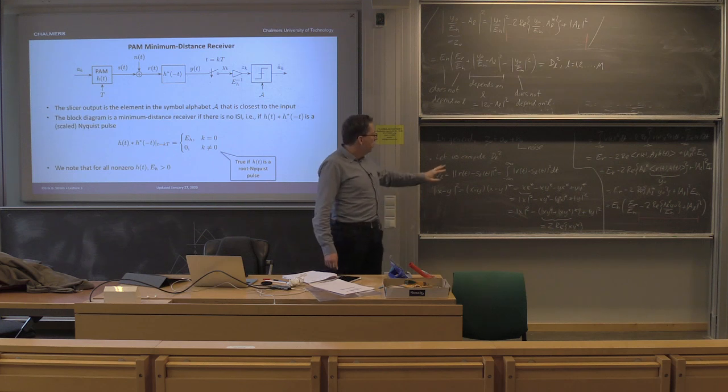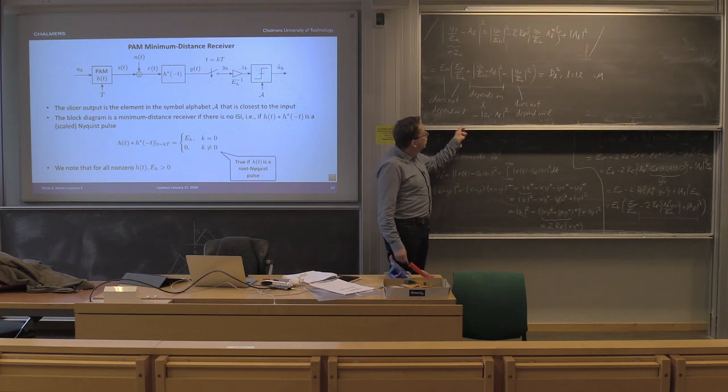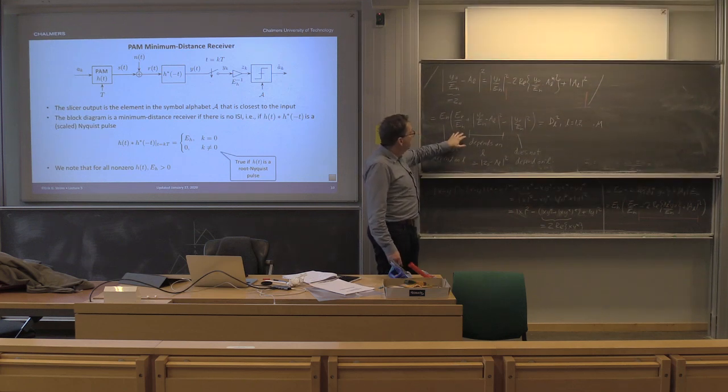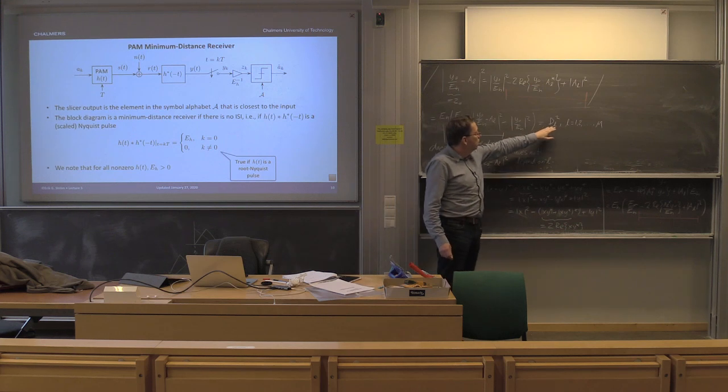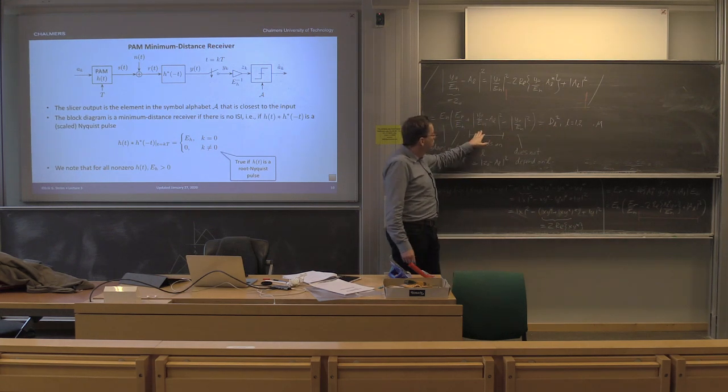So the idea with the minimum distance receiver is that we would like to compute distances squared for all L, for L equals 1, 2, 3, up to M. And it turns out that the final expression for the distance squared is this.